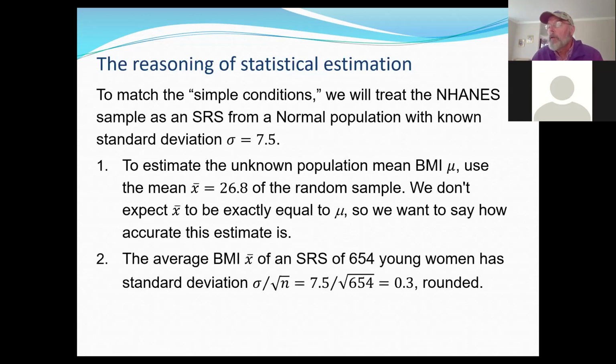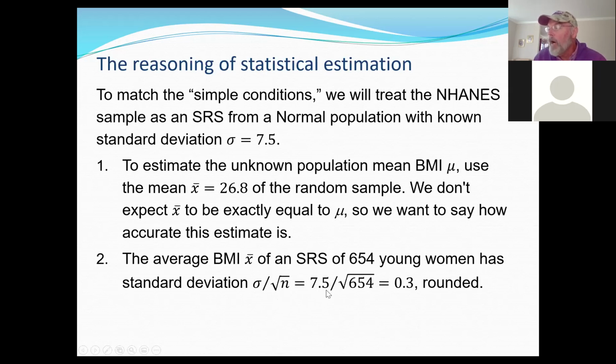Okay. The second step would be taking the average BMI, and that is 26.8. We have a simple random sample. We have a sample that's large enough, and we know that the normal distribution is in play. So we're taking the population standard deviation and dividing it by the square root of the sample size.